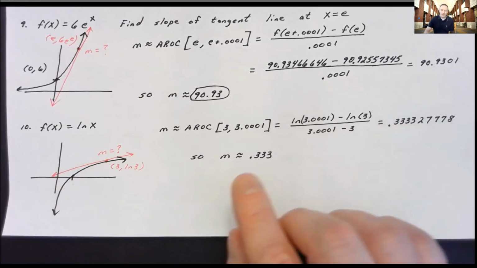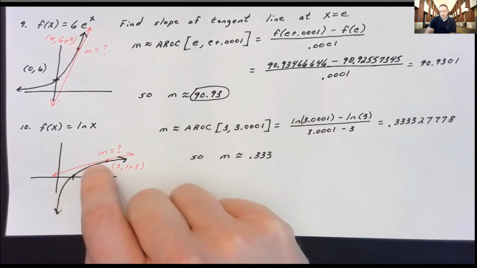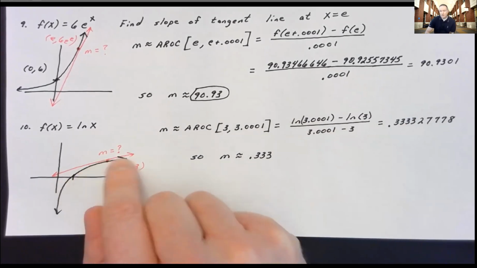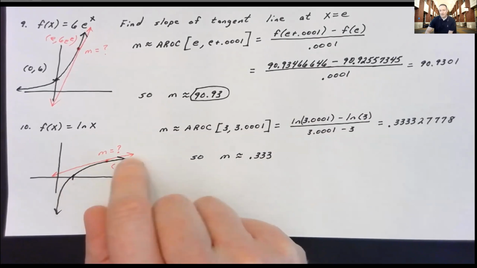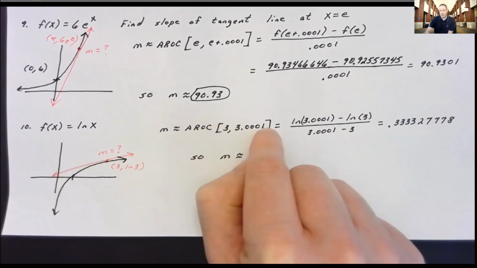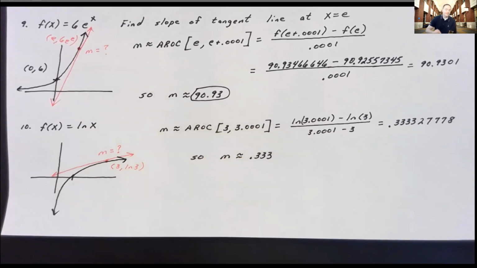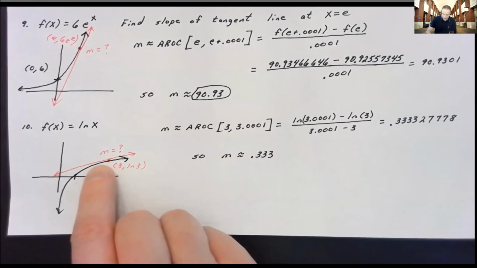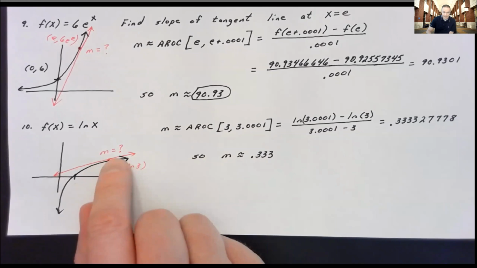When I divided that out, I got 0.333277778. Now, because that logarithmic function is continually flattening, the average rate of change from 3 to 3.0001 is actually going to be a very, very slight underestimate for the slope. Please notice the slope is greater before 3 than it is after 3.